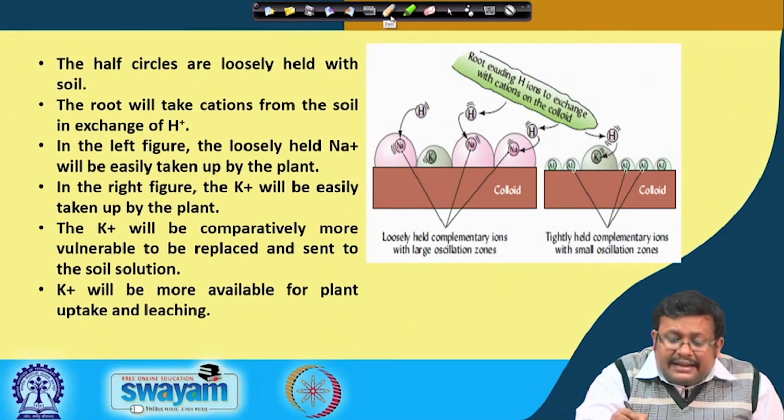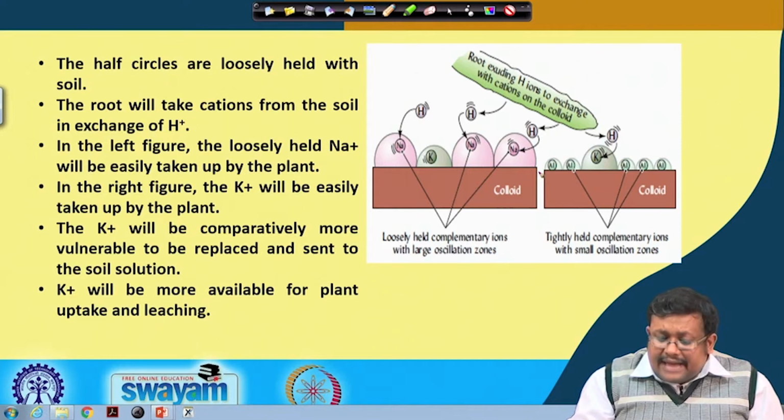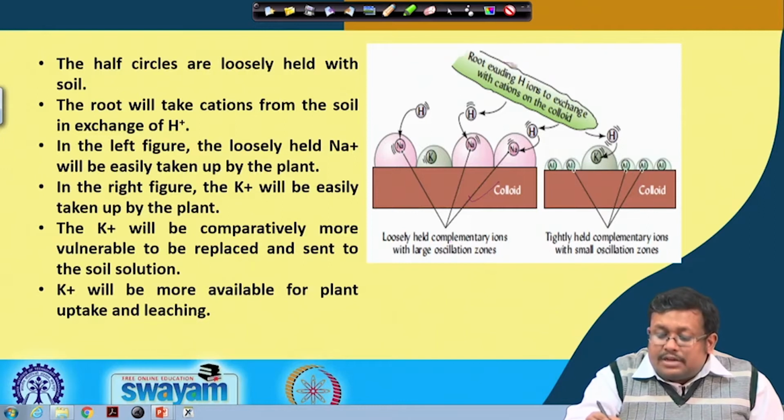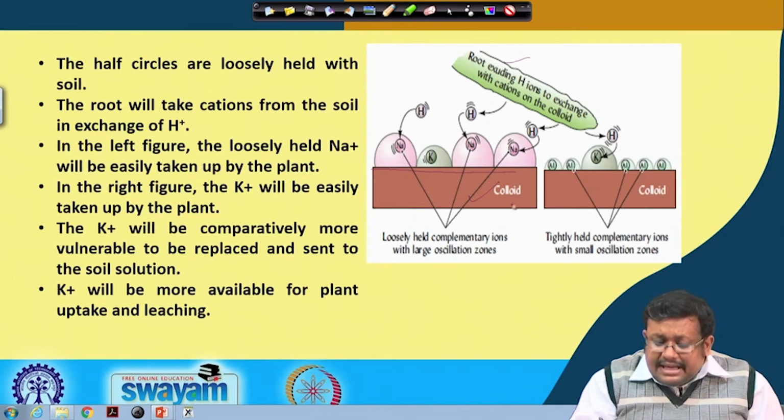Here you can get a better idea from this diagram. Basically, this is the soil colloid, in our case clay, and this is a root extending H plus ions to exchange cations on the colloid. On the colloid surface you can see several types of cations, like sodium and potassium, and they are loosely held complementary ions with large oscillation zones.